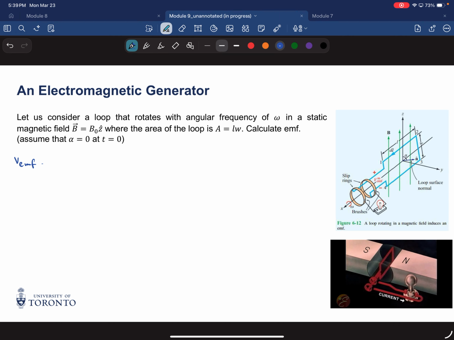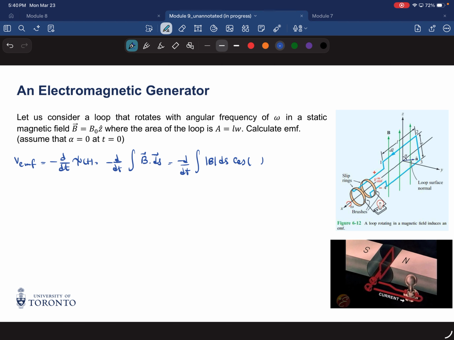EMF in general is minus d over dt of psi, where this is minus d over dt of the integral of B dot dS. And this is basically the amplitude of B, the amplitude of dS, cosine of the angle between B and dS.